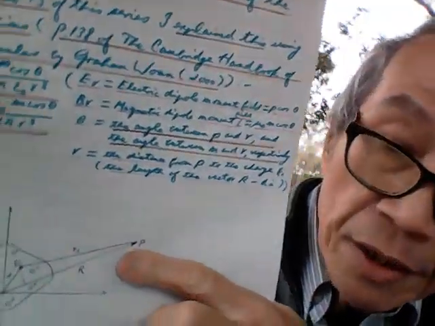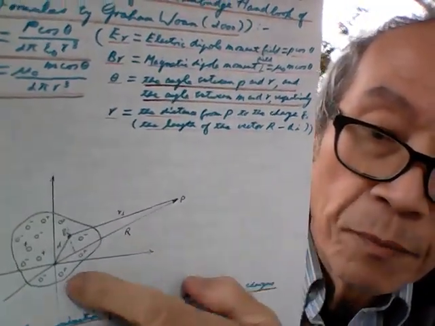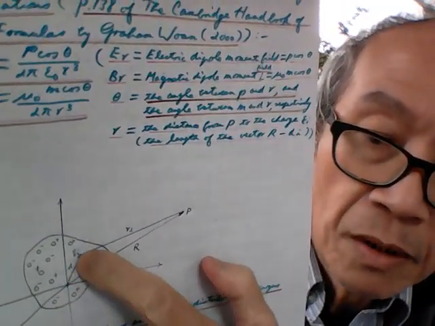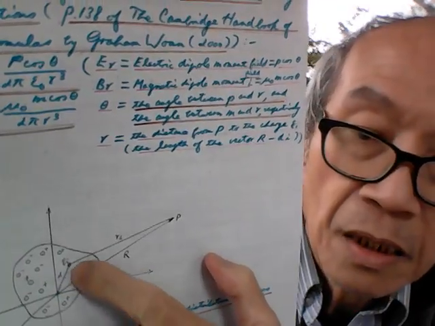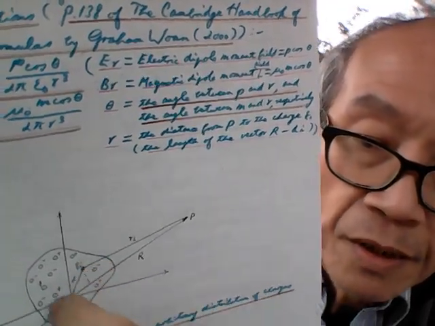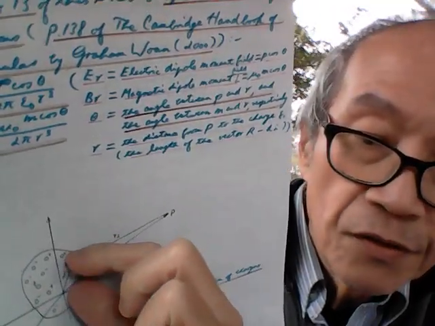So this r here in all cases will be much greater than this dI, this small distance. So this is always the case.